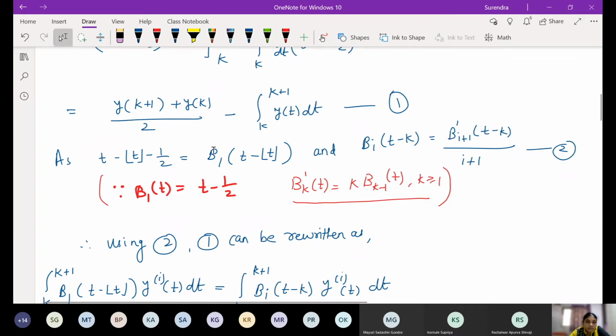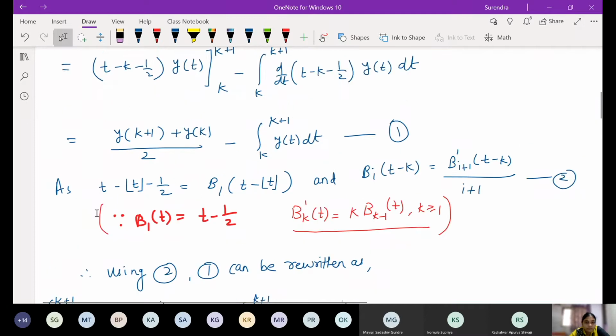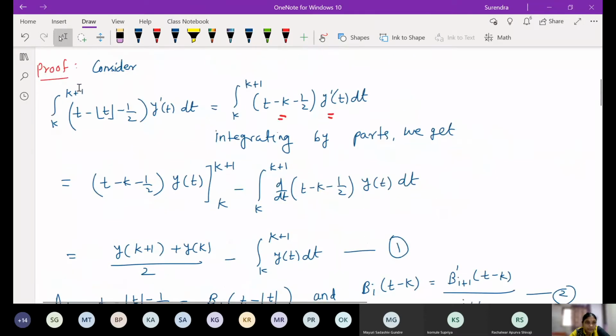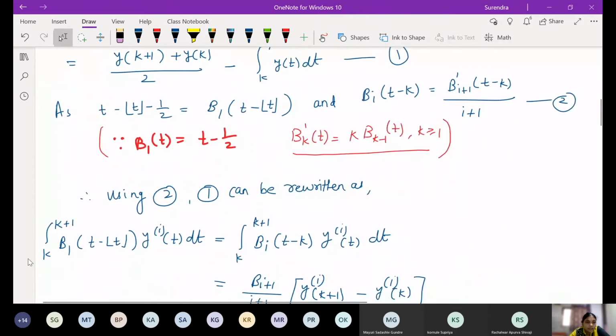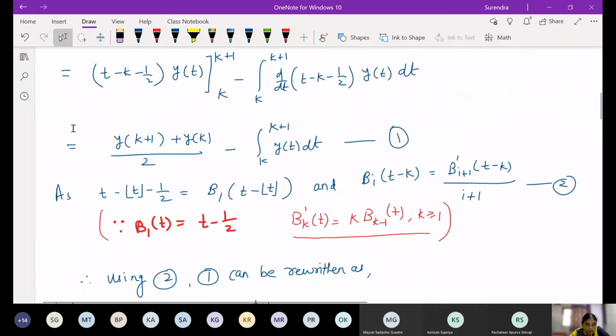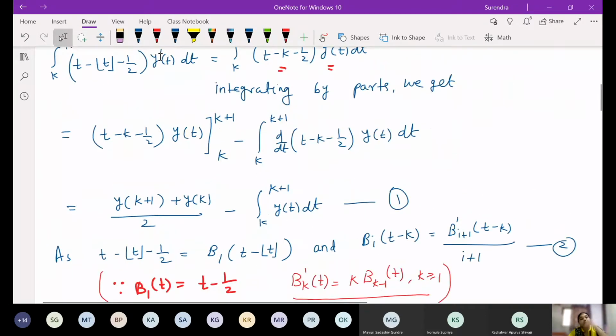Now we will use 2. What is my 1? 1 is this one: the integral from k to k plus 1 of t minus floor function t minus half times y dash at t. So this I can write as the integral from k to k plus 1 of b1 at t minus floor function t times y. Now here, instead of the y dash first derivative, I am evaluating this with respect to the ith derivative.